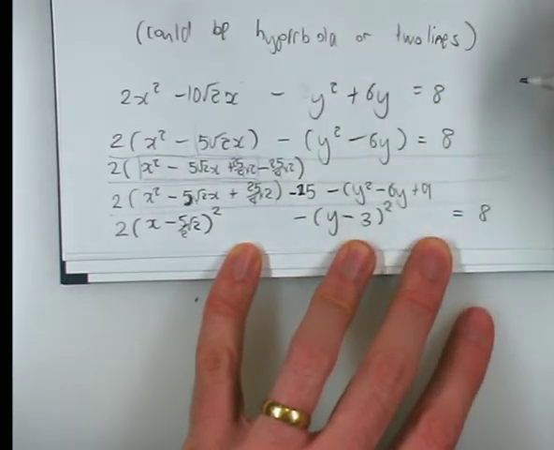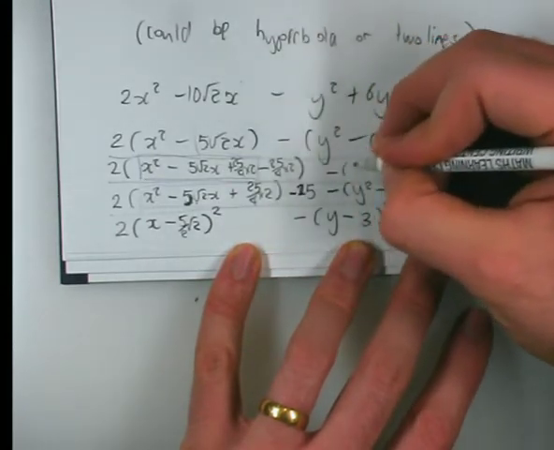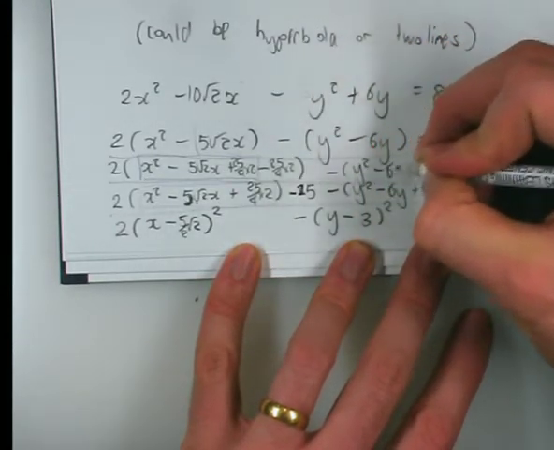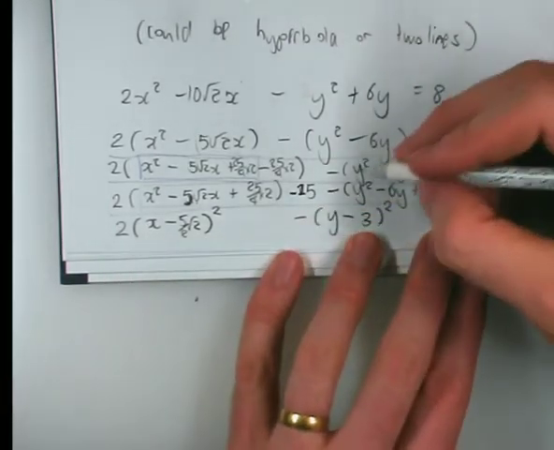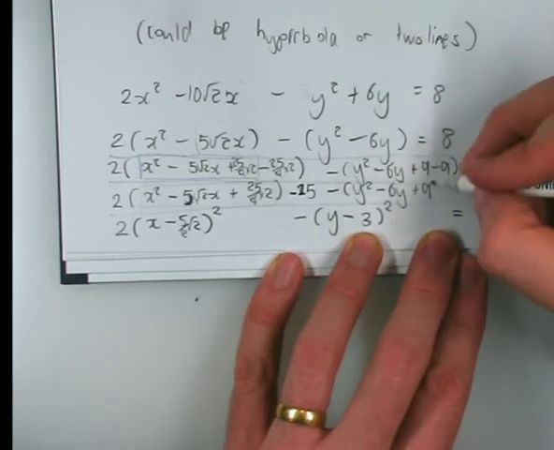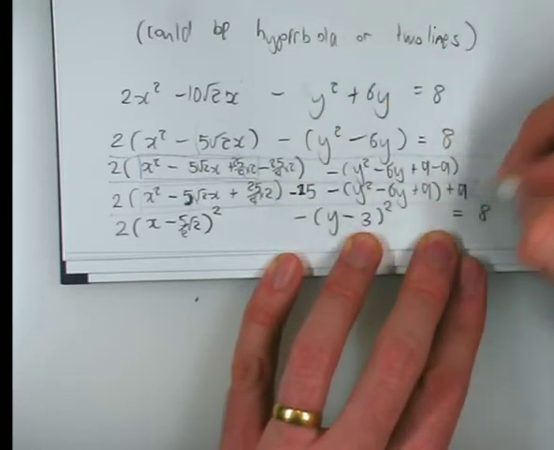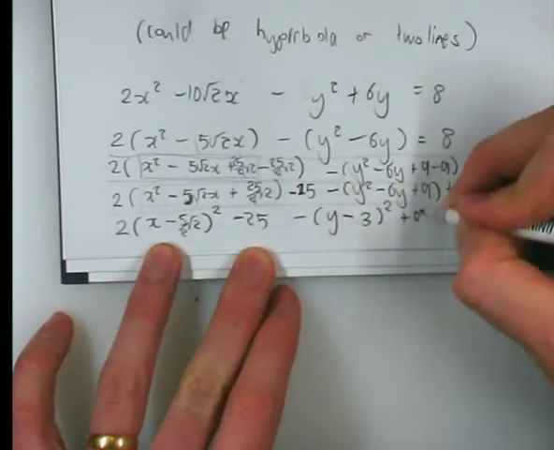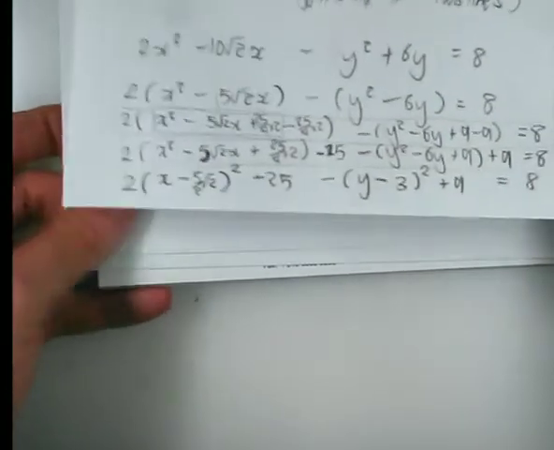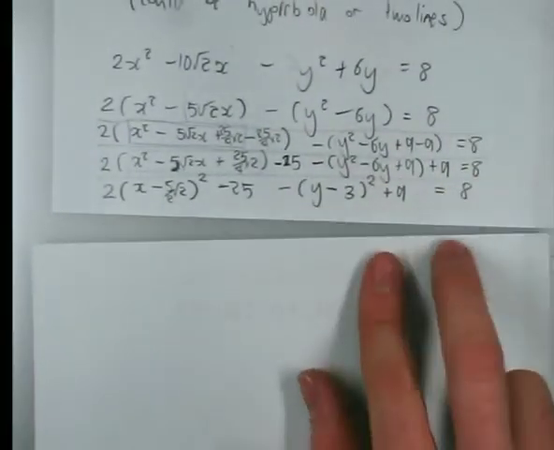But I can't just go willy-nilly adding a y squared, adding a plus 9. So I will have to, up here, go plus 9 minus 9. And then if I expand this out, I'll get minus all of that, which is still here, and minus minus 9 is plus 9, and the 8 won't change at all. And so I've got minus 25 plus 9. And so now I can rearrange all my numbers to get what I'm looking for.